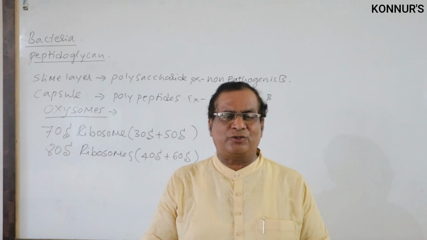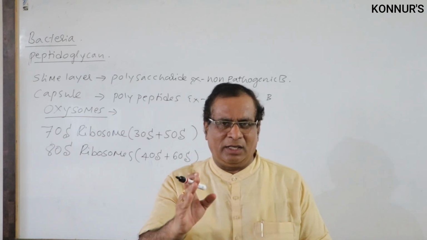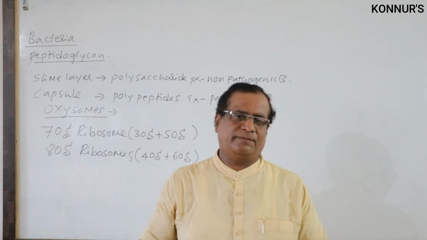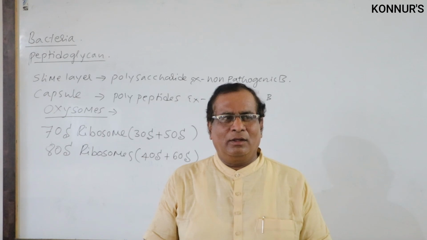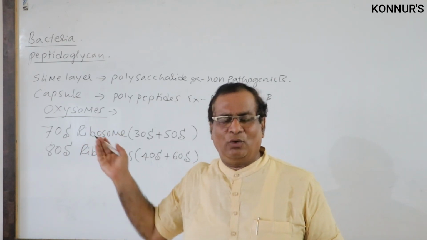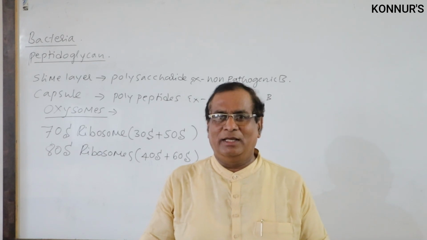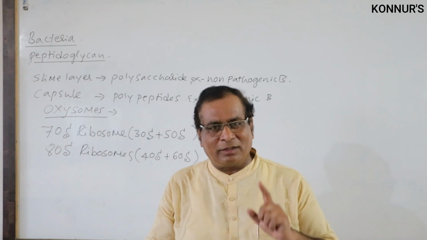If they ask which type of ribosomes are there in bacteria, it is 70S ribosomes, in which 30S is the smaller and 50S the larger unit. We should know about the types of ribosomes in eukaryotic and prokaryotic cells. They may or may not ask the question, but they could.